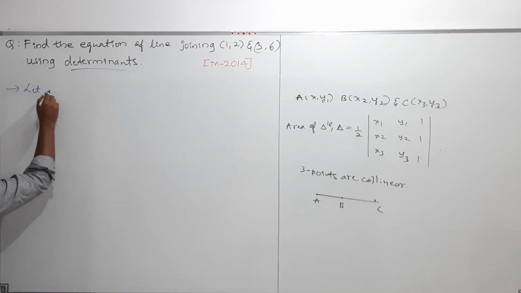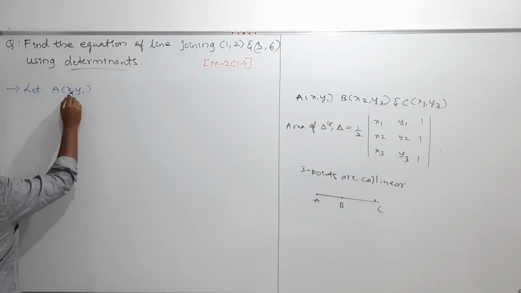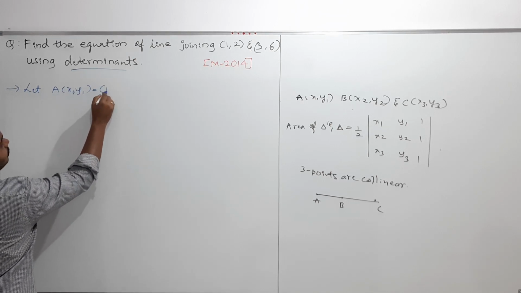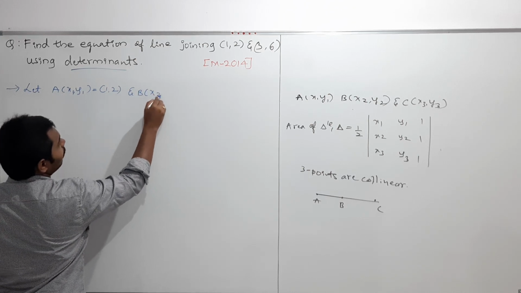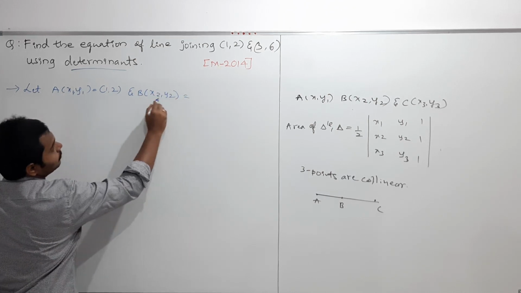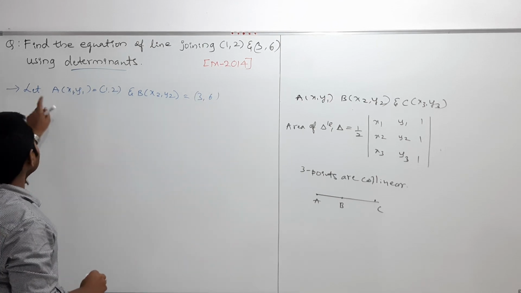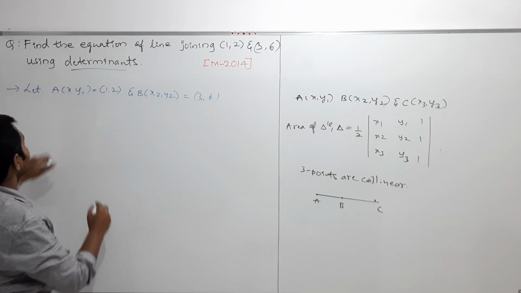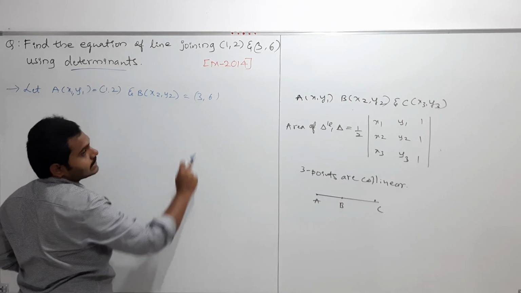First of all I write this. Let A of x1 comma y1 be 1, 2 and B of x2 y2 be 3, 6. I am considering the 2 points, naming them x1 y1 and x2 y2.